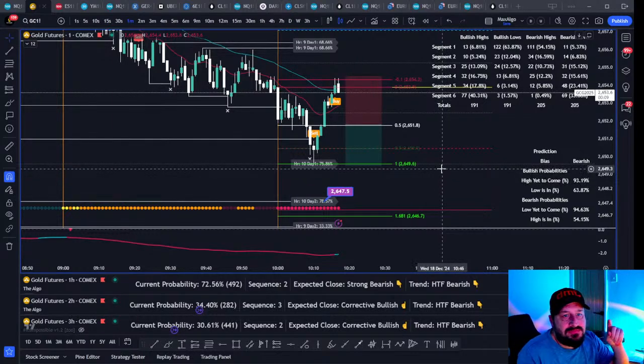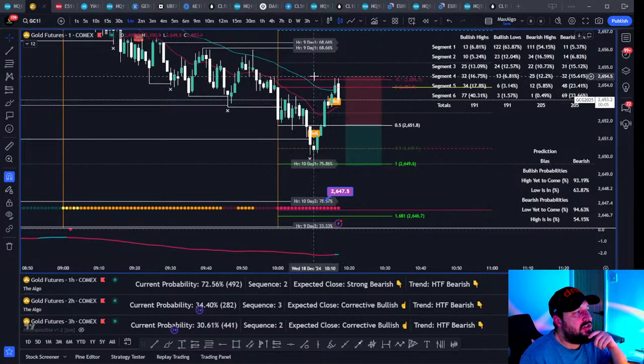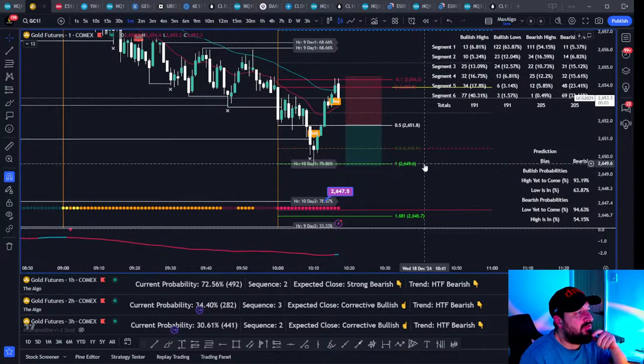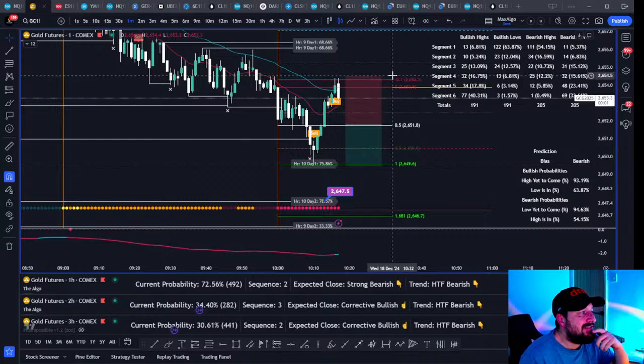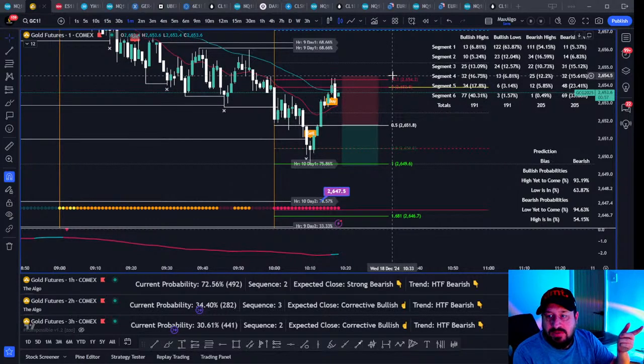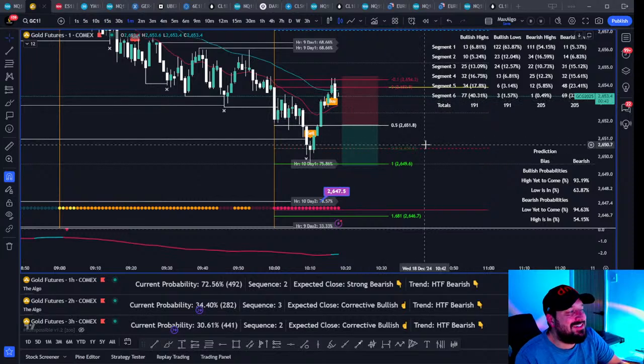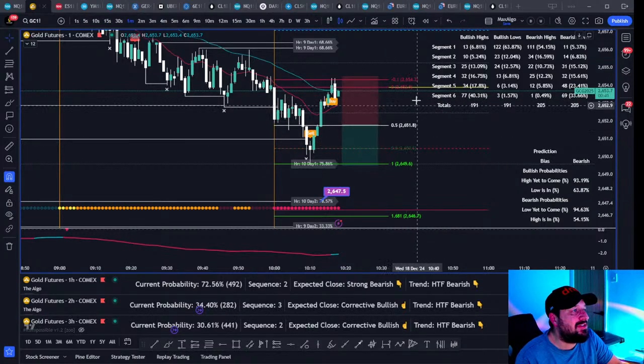Had that once today already, where it just got the target and then ran straight to profit. This will be even more annoying because it's the micros. So if it runs to here, if I'd been on just GC on the main, I wouldn't have been taken out. Pain in the bum, but it is what it is.